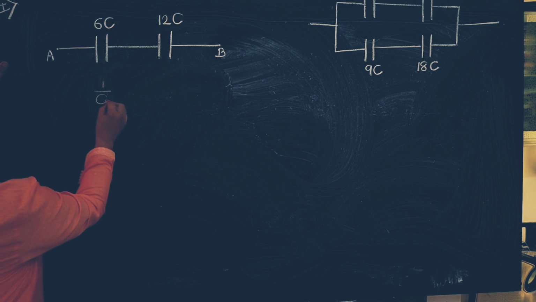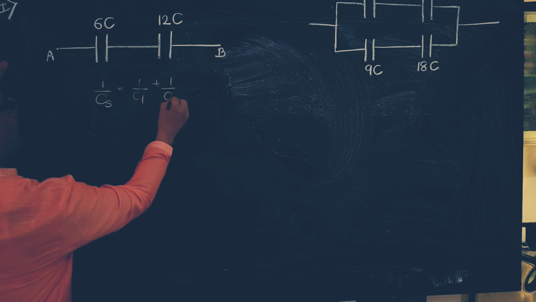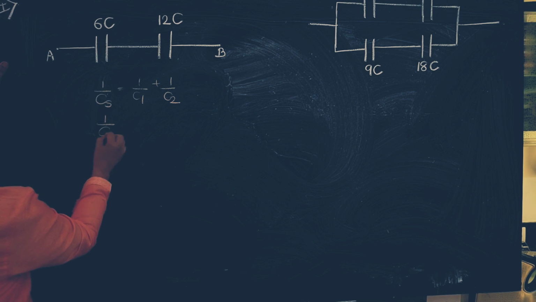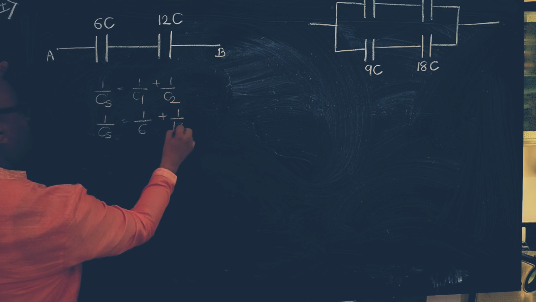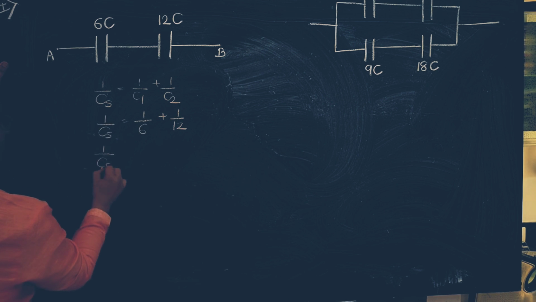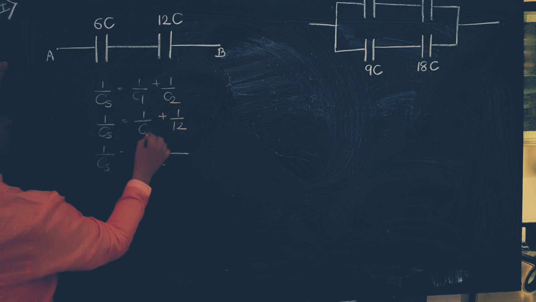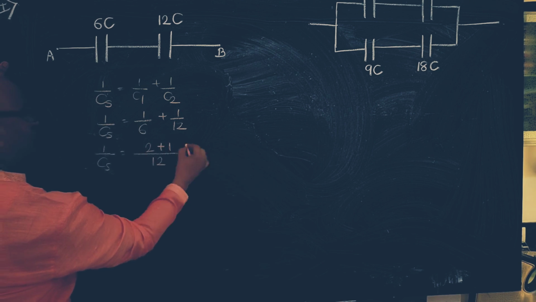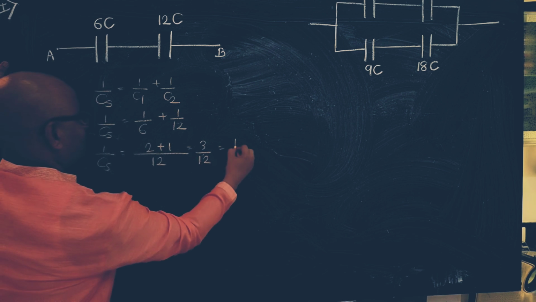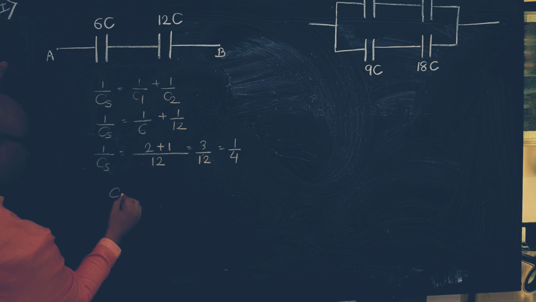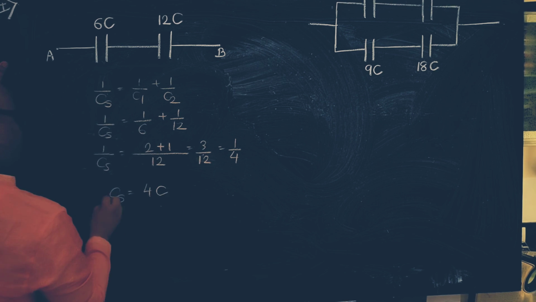Series के लिए formula क्या है? 1 upon Cs is equal to 1 upon C1 plus 1 upon C2. 1 upon Cs will be equal to 1 upon 6 plus 1 upon 12. 12 is the LCM. So you have 2 plus 1, that is 3 upon 12, which is equal to 1 upon 4. So Cs is equal to 4C.